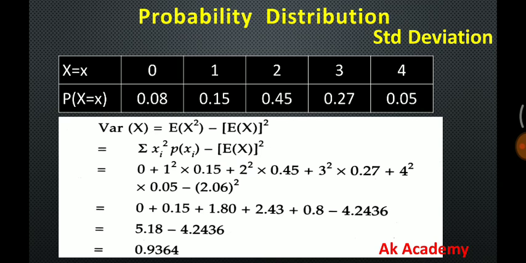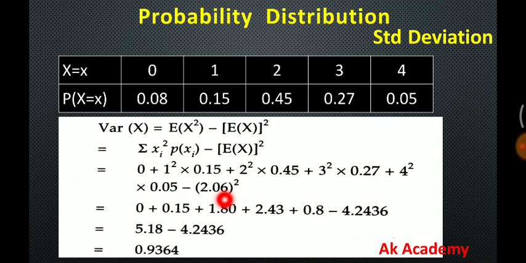So E of xi square pi means the square of 0 multiplied by 0.8, which is 0. Square of 1 multiplied by 0.15, square of 2 multiplied by 0.45, square of 3 multiplied by 0.27, square of 4 multiplied by 0.05. Here it is written minus. Now what is this minus? Don't be confused, guys, it is the minus in the formula. And 2.06, where has it come from?